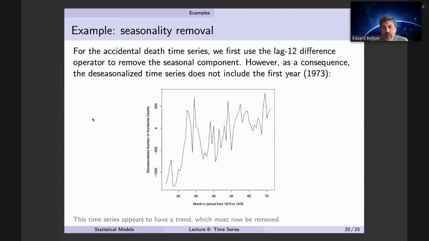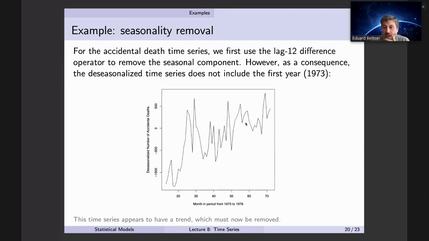What we can do, we can look at the accidental death time series, right? Remember, we had this seasonality. And we can apply this lag 12 difference. Okay, it's just applying this difference of 12 to remove the seasonal component.